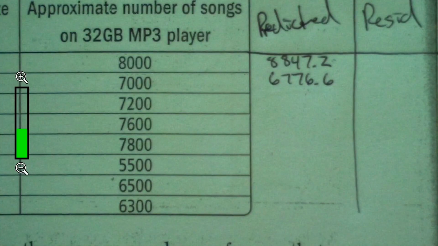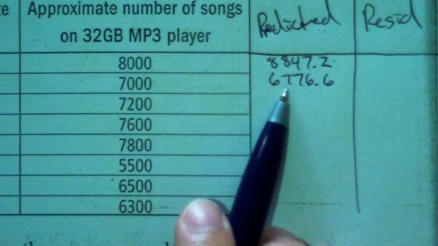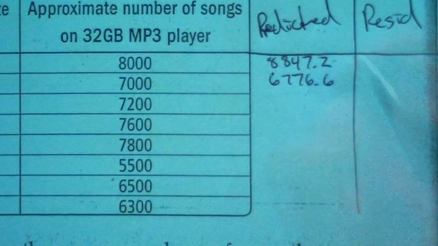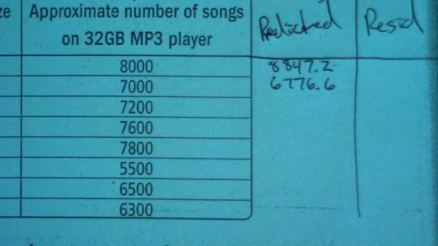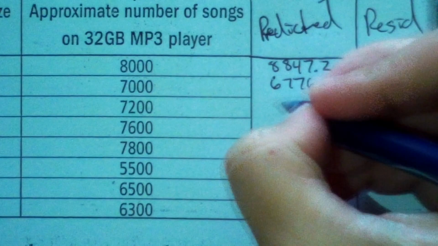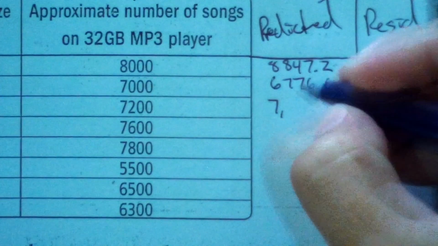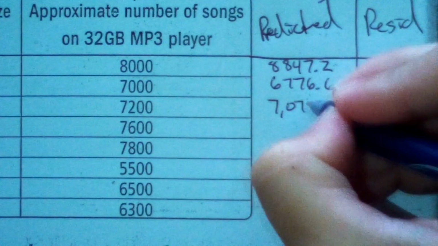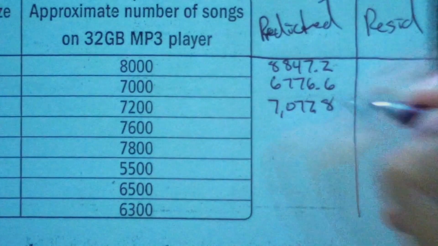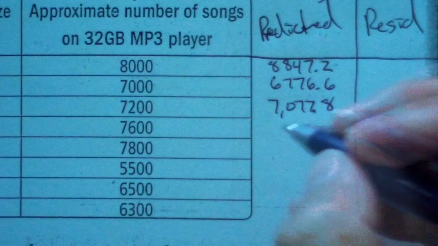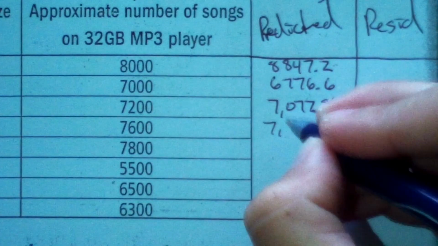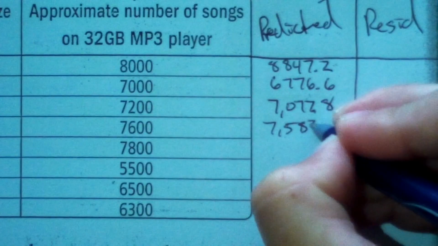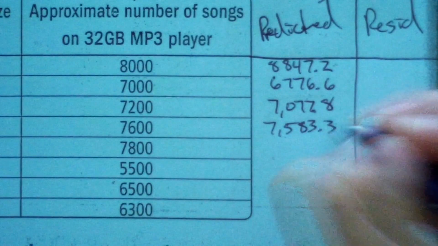Okay, and then to find our residuals, it's always our observed number, so our original number here, minus our predicted numbers, so the ones that we just came up with. So you're just taking the 8,000 minus 8,847.2, which would be negative 847.2. And then you just keep doing that for all those. So always the observed minus the predicted.